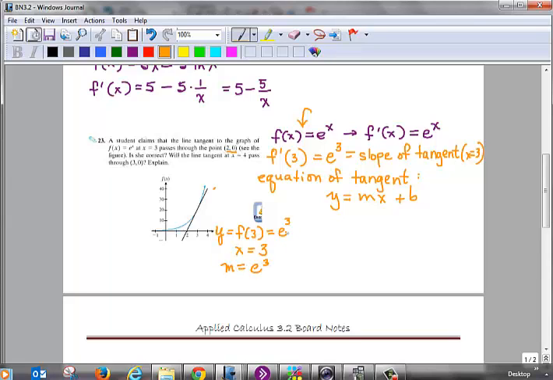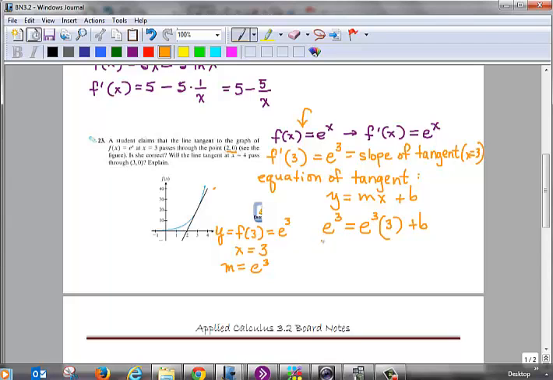Those are the 3 pieces of information that I can plug into the equation of my line. So this is going to be e to the power of 3 equals the slope, which is e to the power of 3, multiplied by x plus b. And now I can solve for b by subtracting 3e to the power of 3 from both sides.